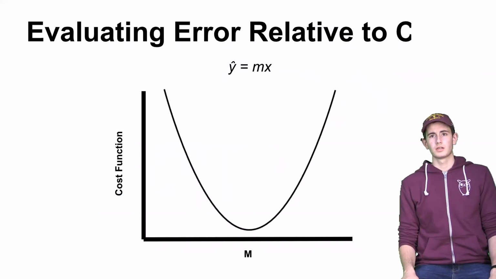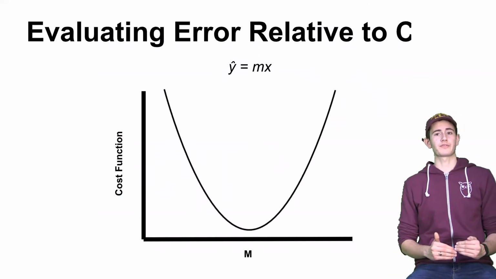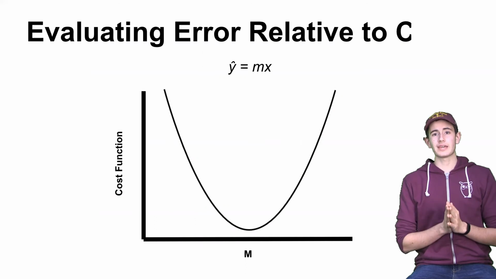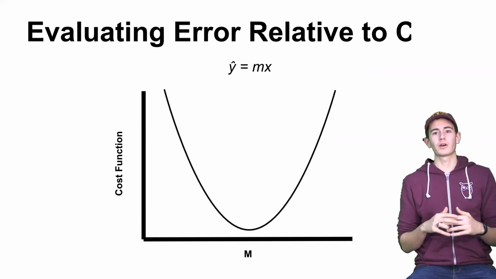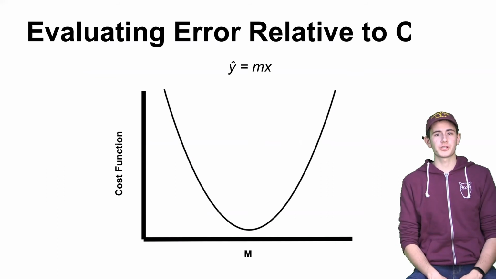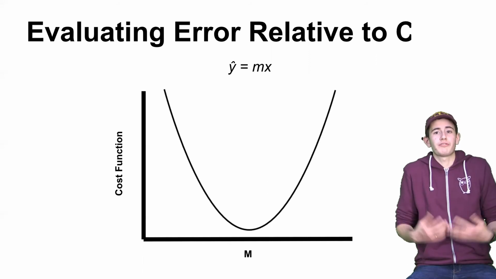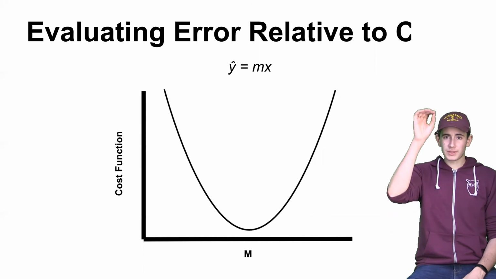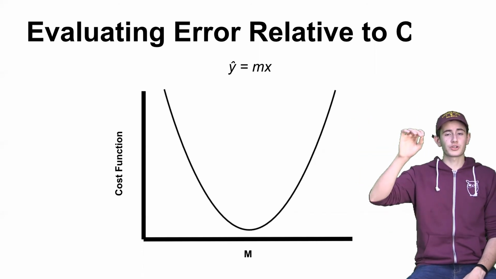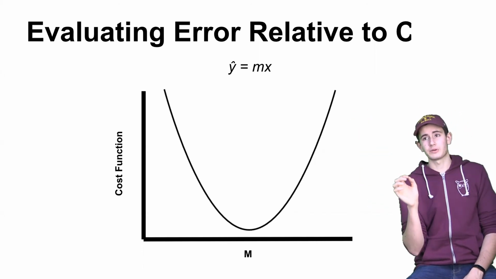Okay, let's simplify things for a minute. Let's say that our b value was always 0, and our line went through the origin, and our equation was y equals mx, meaning that m is the only variable affecting the cost. M is the only variable affecting the accuracy of our linear model. Let's say we plotted the cost function relative to our value of m.